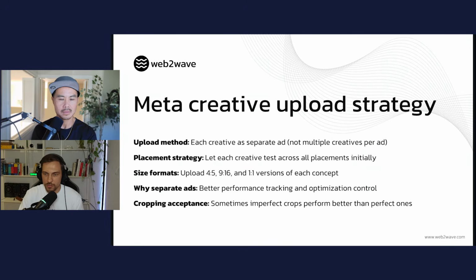So here is how you prepare the creatives. You have to make different size versions for every creative. It may be tiresome when you have like 20 of them, but you better create different formats for every creative.